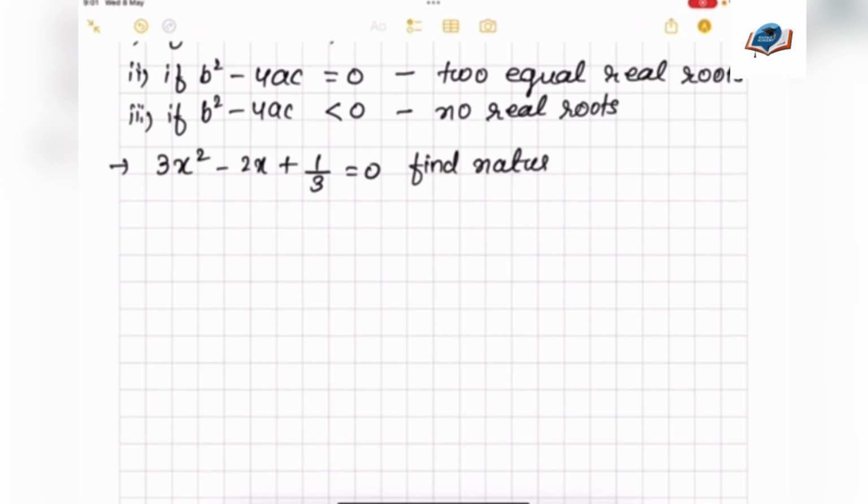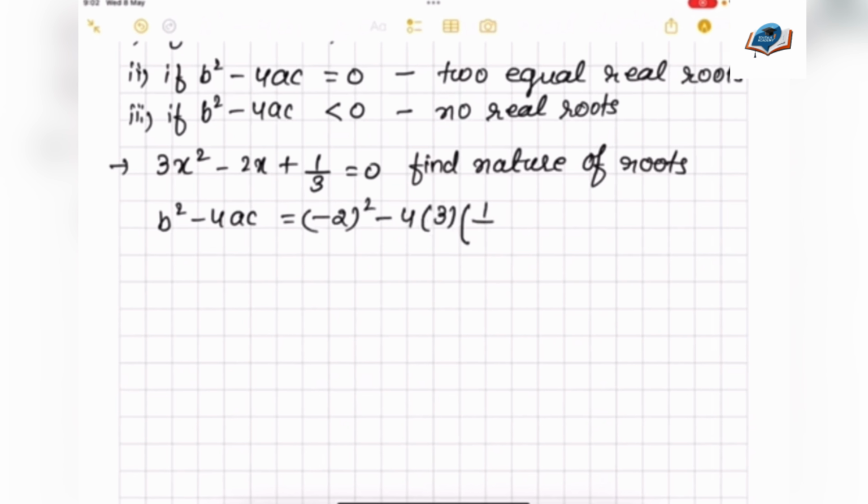So b square minus 4ac will be minus 2 whole square minus 4 into 3 into 1 by 3. So 3 got cancelled. 2 square will be 4. 4 minus 4 equal to 0. So we will have two equal real roots if it is 0. Both the roots will be equal.